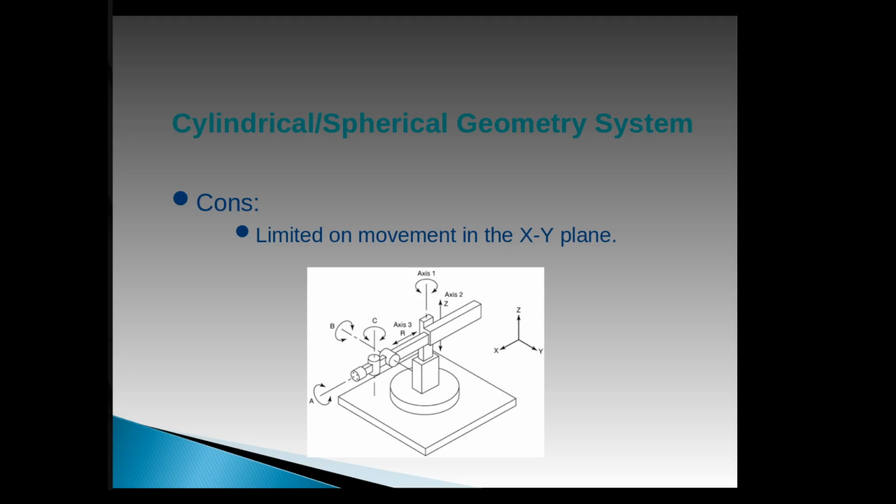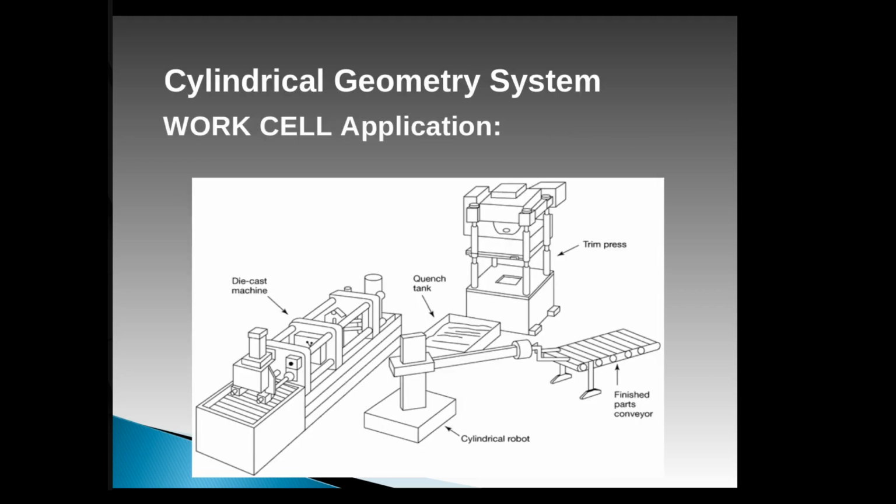But here's an example of where the cylindrical robot could be used. So we have some parts coming out of the die cast machine. The robot can swing around, and then it can reach straight out and into the die cast machine, pull the part out, put it in the quench tank, put it in the press, and then put it on the finished parts conveyor to send it further down the line.